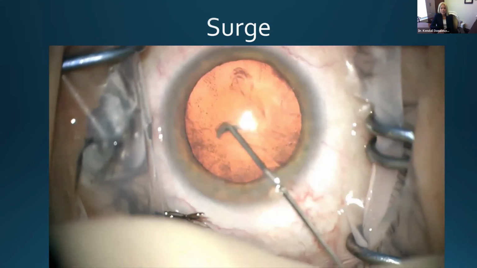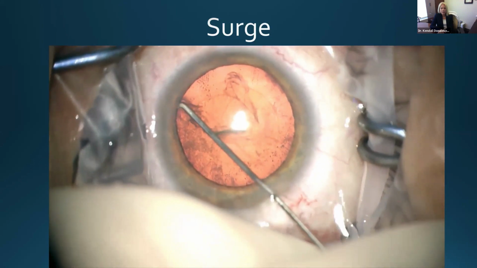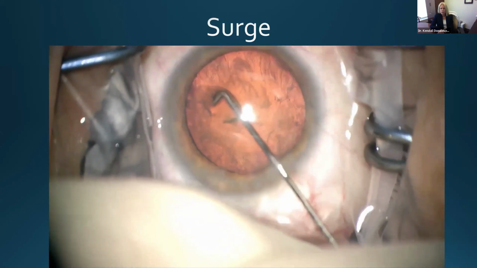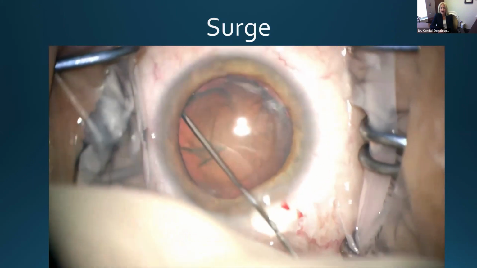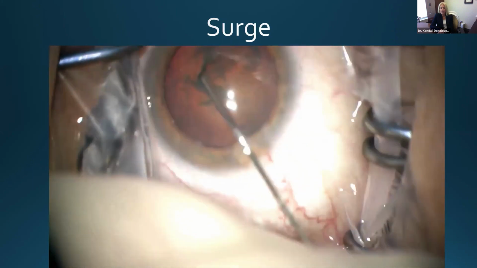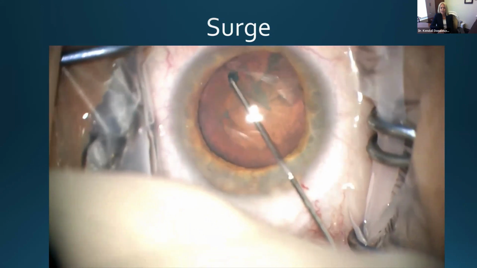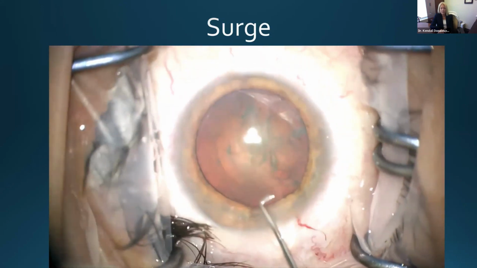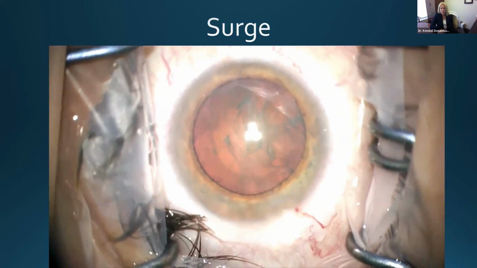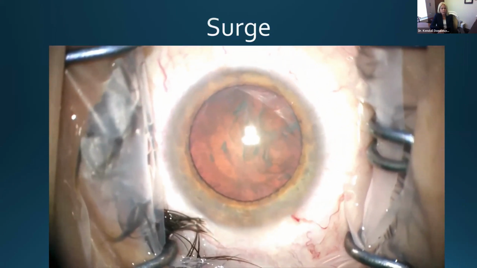And then he has this nice hydrodissection cannula here that's curved. I actually use a straight one, but you can see he's able to reach out toward the periphery of his capsular bag and really hydrodissect nicely and rotate that nucleus really nicely within the capsular bag, making the rest of the surgery much easier.